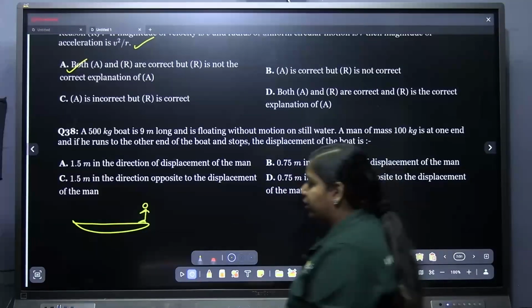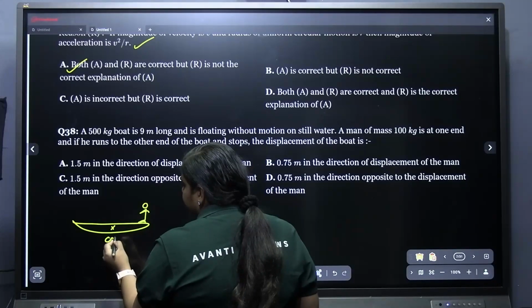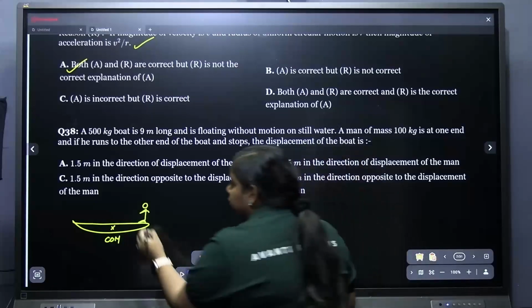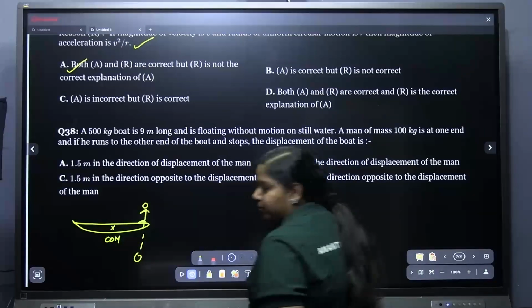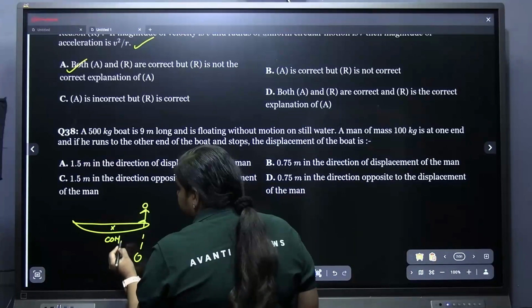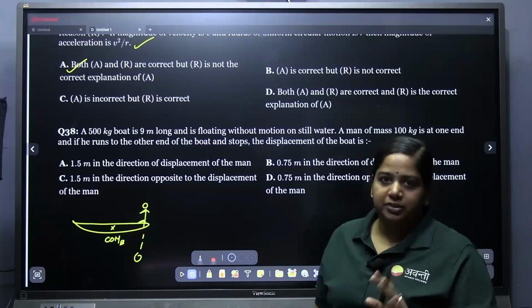If you want to find that, you can assume like this. Let's say the center of mass is here, the center of mass of the whole system. If we are assuming this point to be 0, this is the center of mass of the boat. The person's center of mass will be on the person itself.